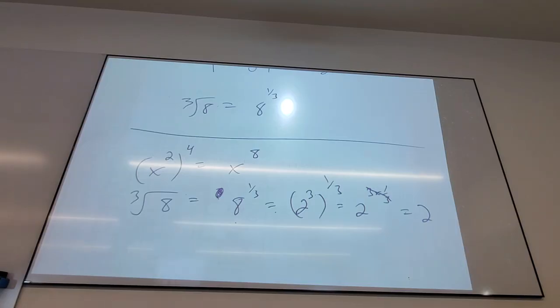Now listen, I really want you to understand. I'm not saying that this long line of calculations is the better way to do the cube root of 8. I want you to see how a fractional power actually works directly out to be the answer. So if I had a 5th root, how would you rewrite that?